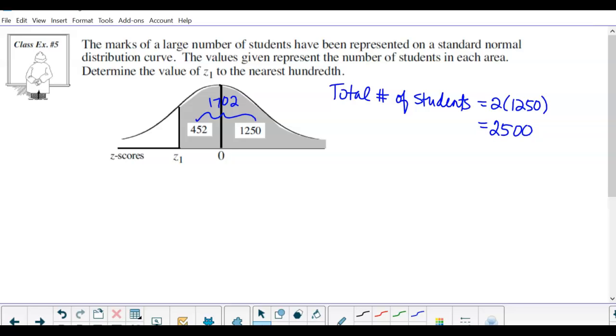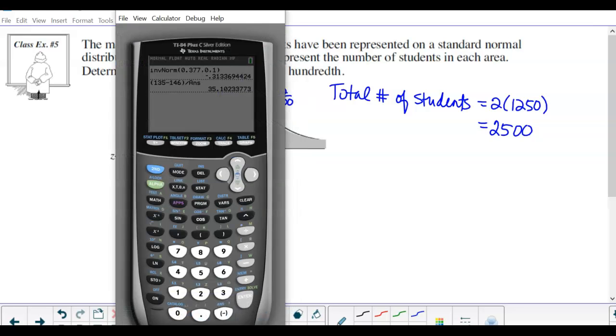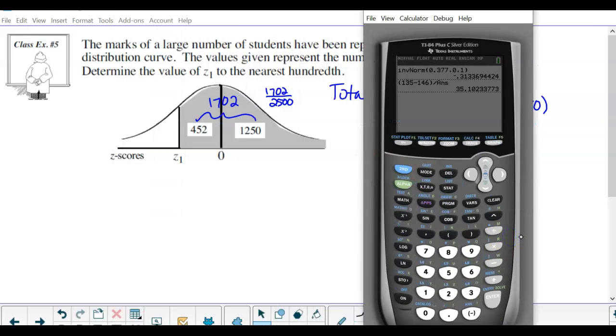What percent is that out of 2,500? So 1702 over 2,500 gives 0.6808. Those of you with the newer version, that would be a right tail for 0.6808.